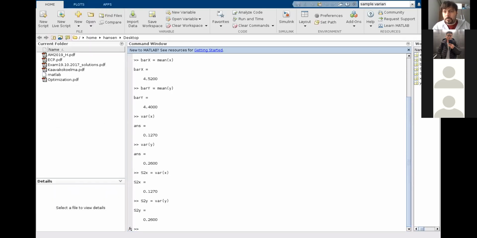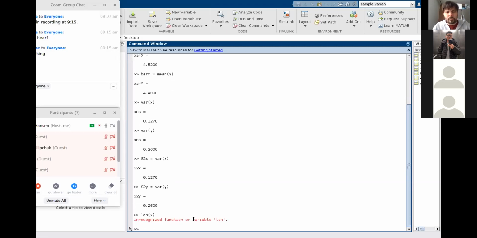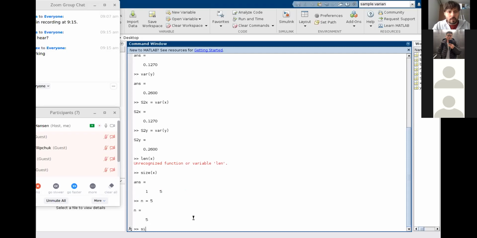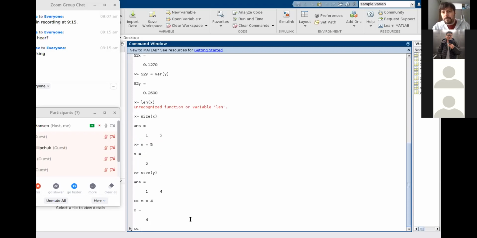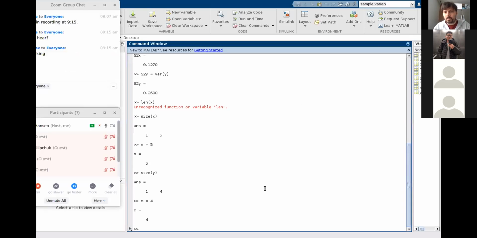And now I'm going to calculate the, so I just write n equals 5 and m equals 4, right? So now I'm going to calculate the test statistic. Sorry, first calculate the S2.